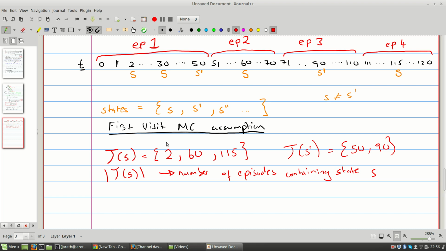But since it's only first visit, it's only the number of episodes containing the state S. The cardinality of T of S here is 3, and here for S prime the cardinality is 2. That's what the cardinality is.